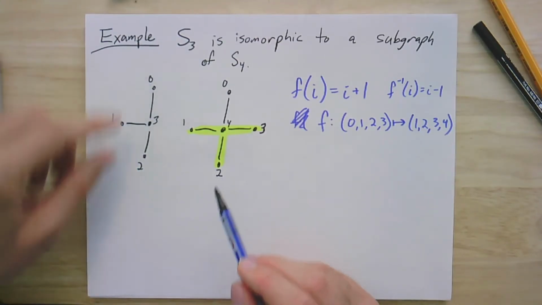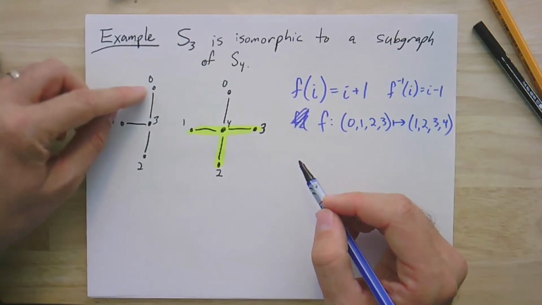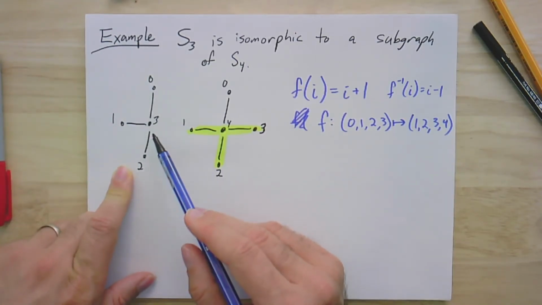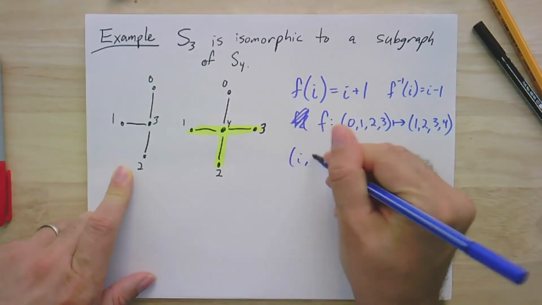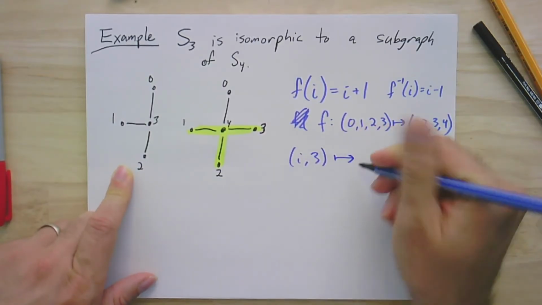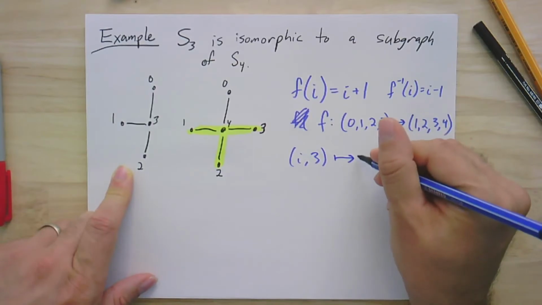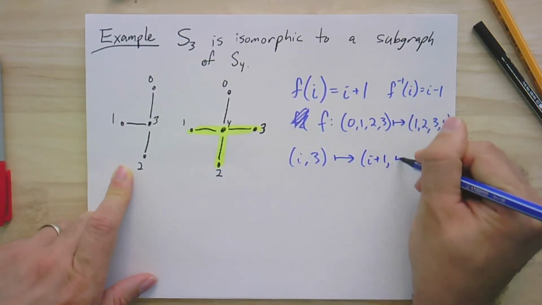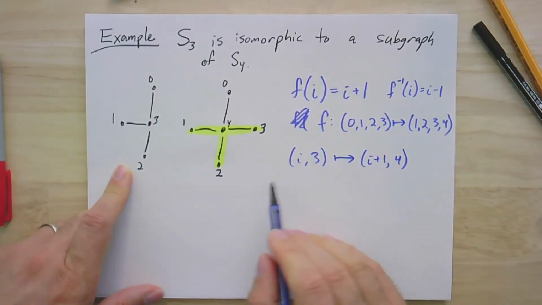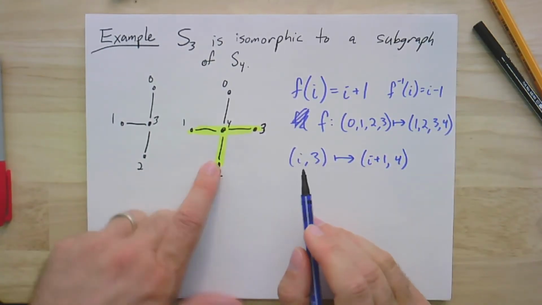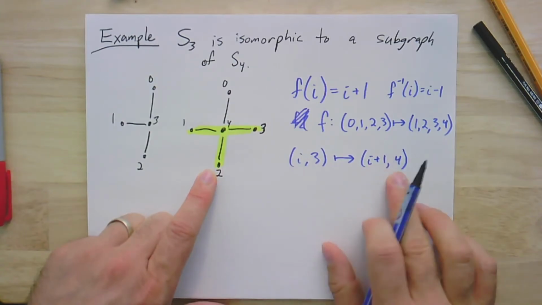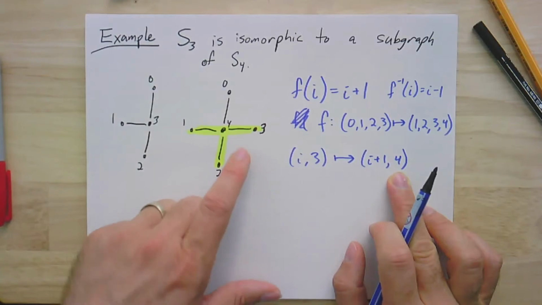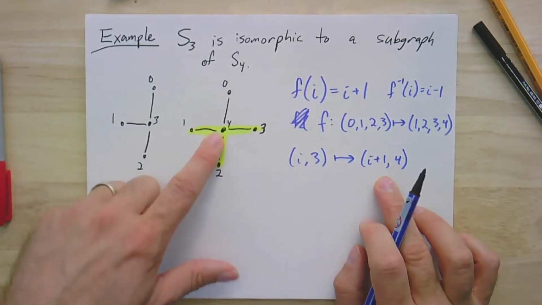Every edge in S3 is of the form i comma 3. So we have i comma 3 maps to f of i, f of 3, which is i plus 1, 4. Okay, and every edge of the form something, 4, for 0 up to 3 is in S4.